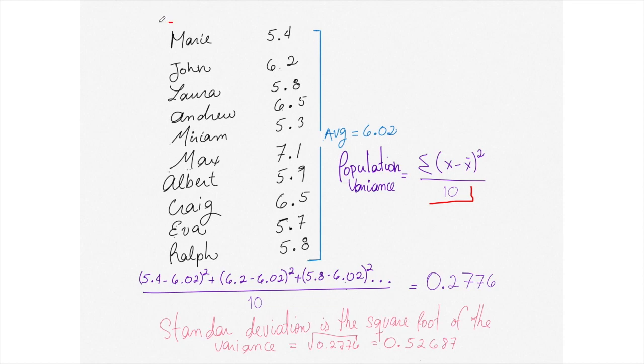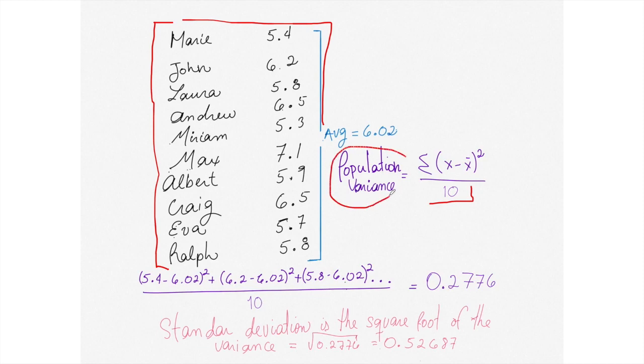If this sample of people was not really a sample, but a population, this is, if the entire population consisted of this group of people, we would be using what we call the population variance. In the population variance, we do not subtract the number of people in the population by 1.